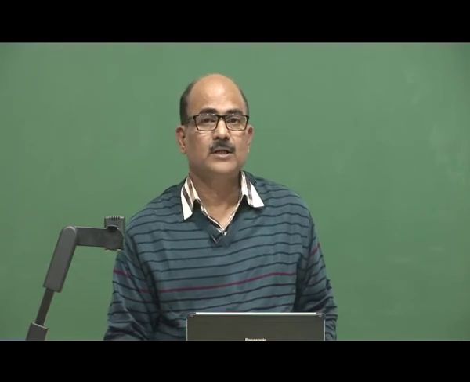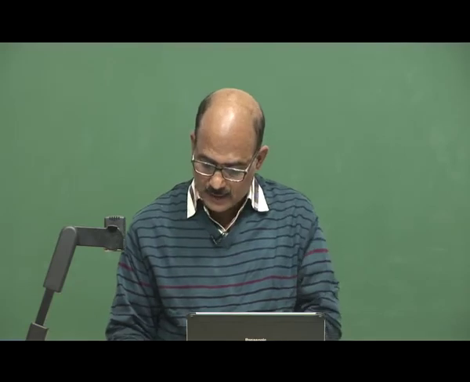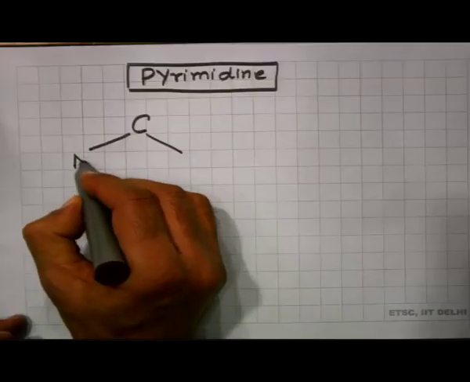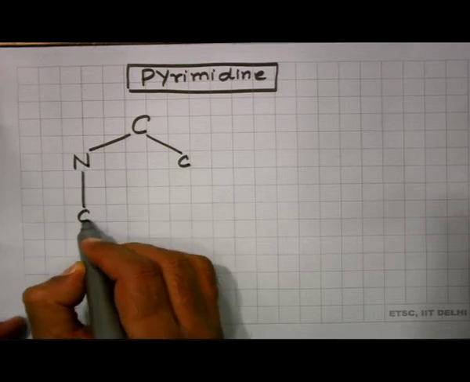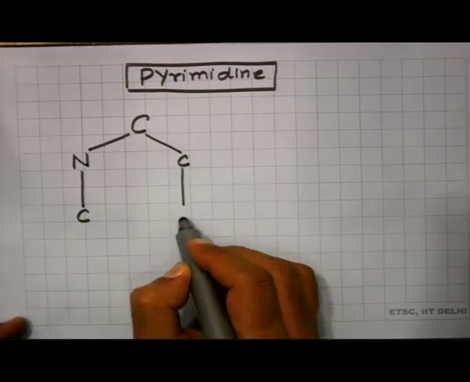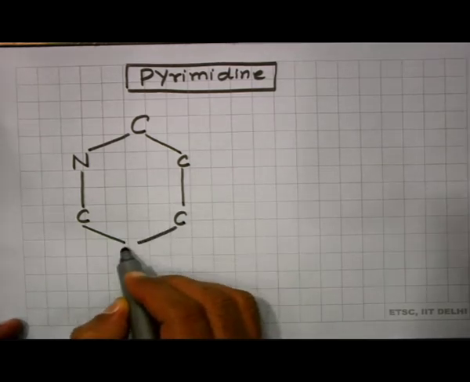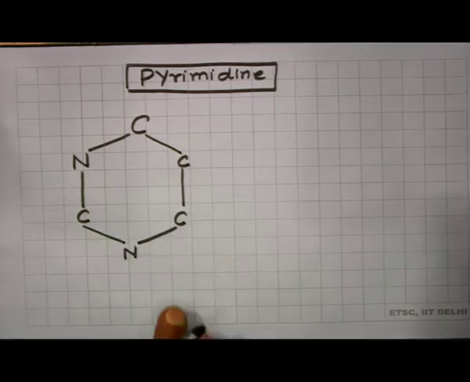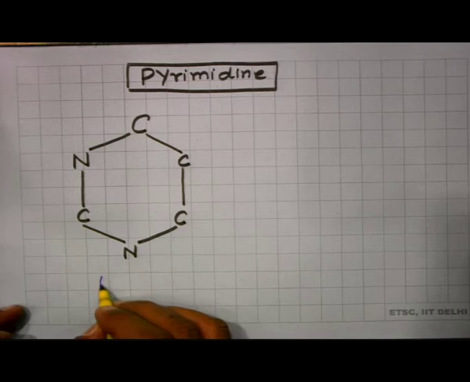The first ring structure of the adenine and guanine is right here, here carbon, here is nitrogen, carbon, here is carbon, and this carbon is attached with the nitrogen. Okay, this is the skeleton of the pyrimidine. Now, first of all you see the structure of uracil.